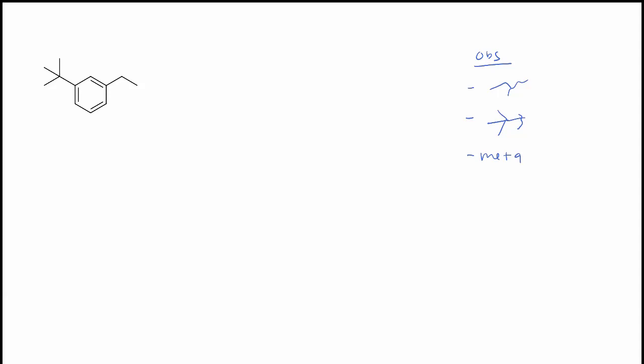All right, what are we going to do first here? Do you want to add the tert butyl group first or the ethyl group first? Or does it matter? Okay, so let's add the tert butyl first.